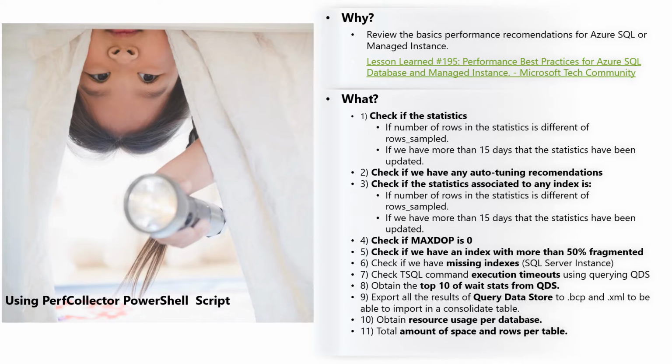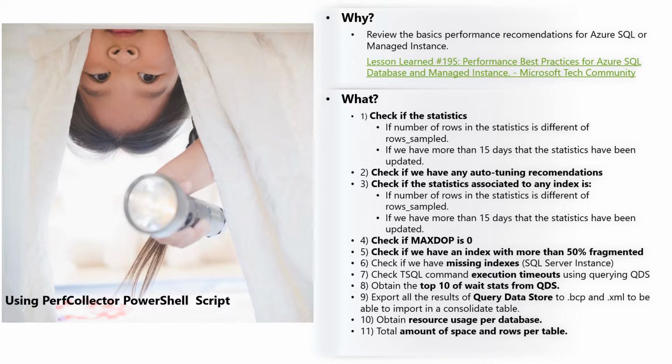Also, it is going to check the auto-tuning recommendations, and check the statistics associated with any indexes, with the same verification that we described previously. It checks if the max DOP is 0. You know that 0 is not a bad recommendation, depending on the number of cores that you have.